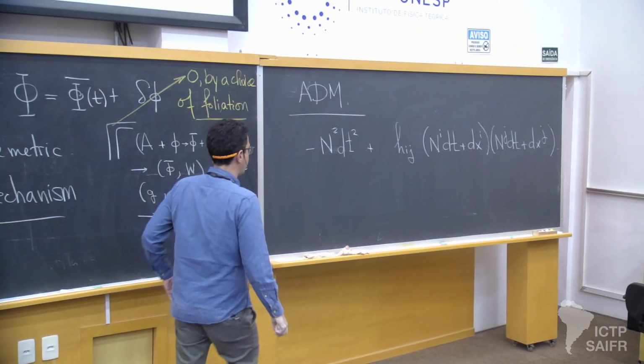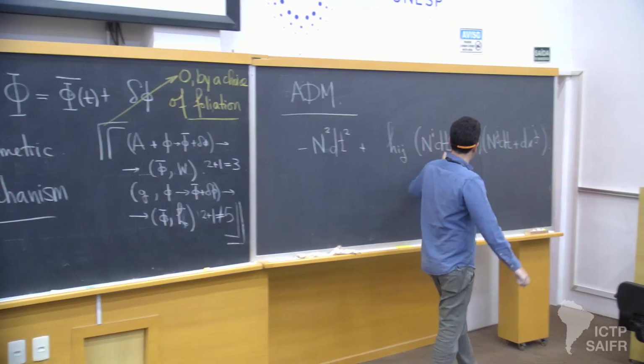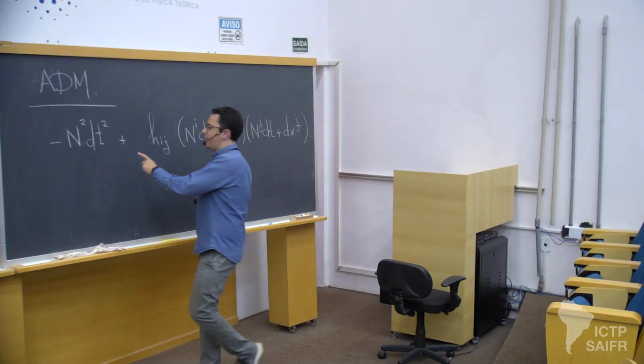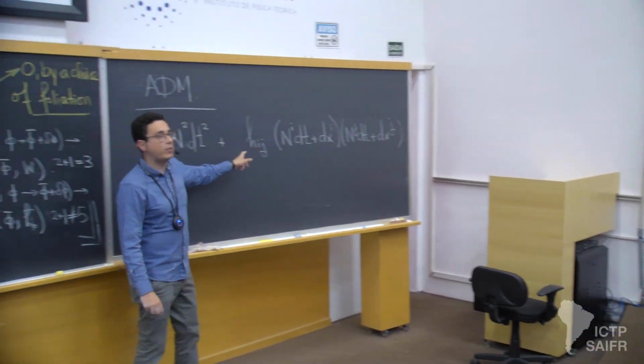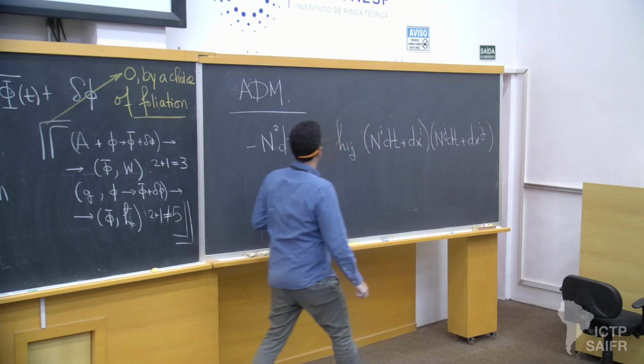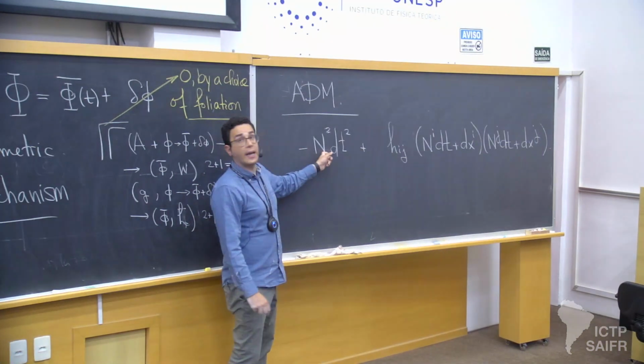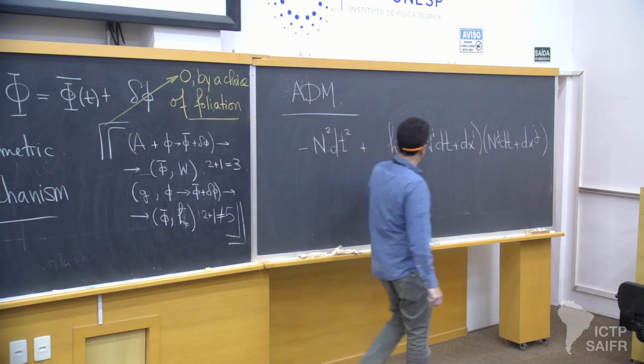The metric in 4 dimensions has 10 entries. Here I just split the 10 entries into a 3x3 symmetric matrix and 1 3-component vector and 1 scalar, okay? So it's 10 to 10.